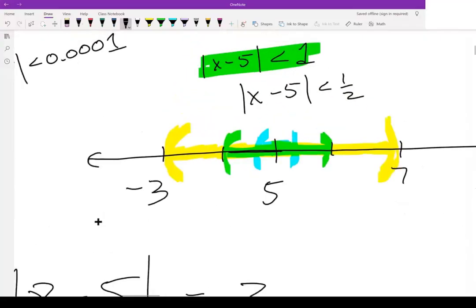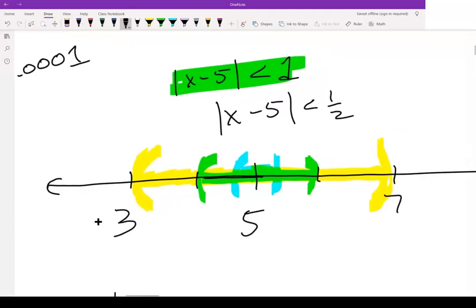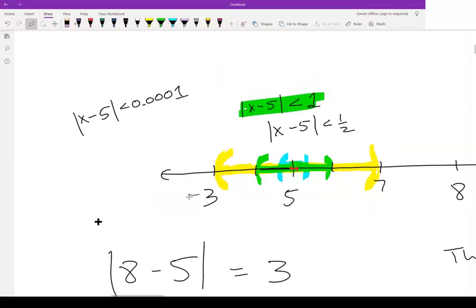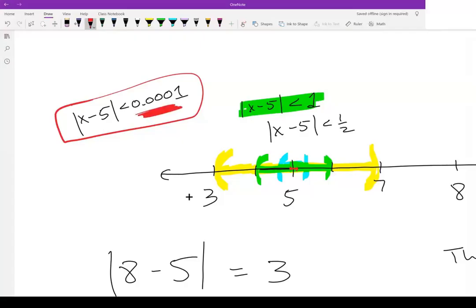Sure. I can't zoom in that far; this is as far as it lets me zoom in. It would be a tiny little region like this. So with this inequality, I can make a smaller and smaller neighborhood around a number by simply making this number closer and closer to 0.